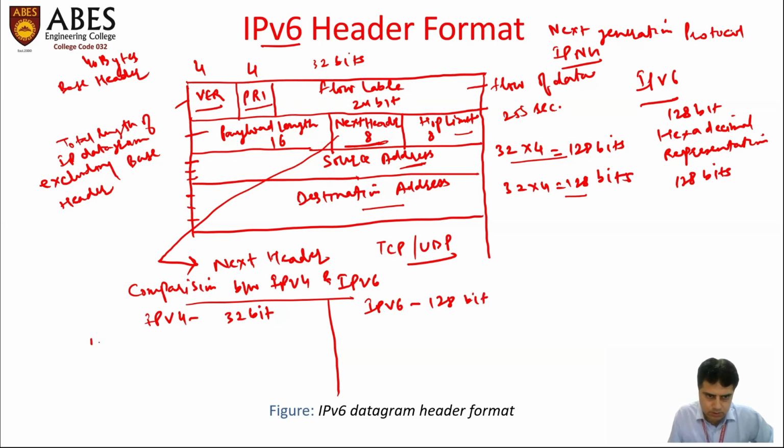Next is representation. The representation is dotted decimal in IPv4, or in IPv6, it is hexadecimal. Third point is the size of header.